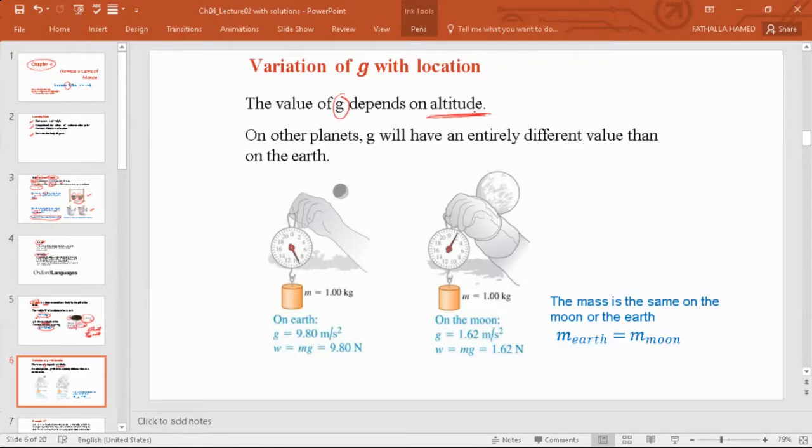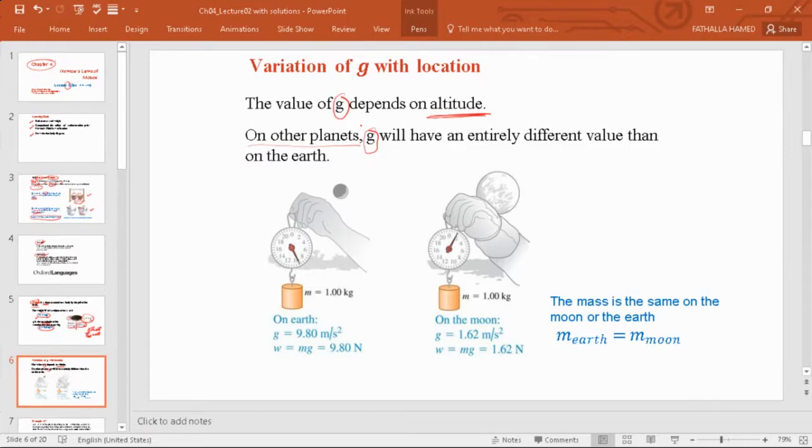It depends on the distance between the centers of the two objects. So there will be differences if you go higher and higher. And of course, if you go to different planets, or to the moon, for example, you will have a different g.